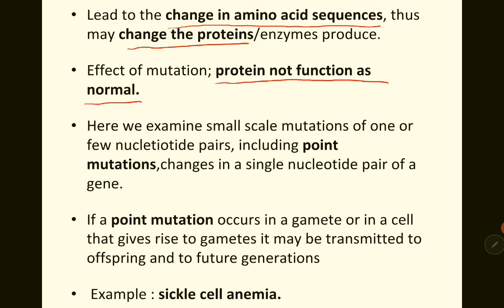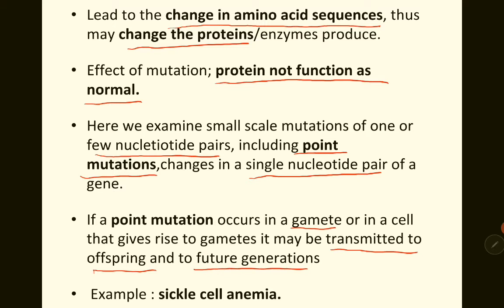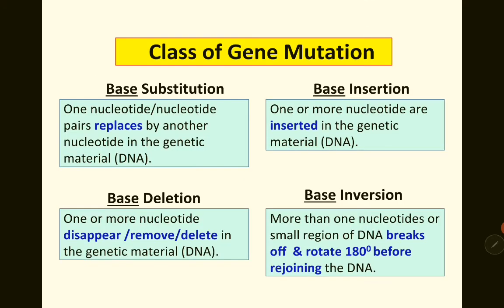It includes a few nucleotide pairs, so we call it a point mutation, where it changes a single nucleotide pair of a gene. If a point mutation occurs in a gamete or in the cell that gives rise to the gamete, it will be transmitted to the offspring and to future generations. An example of a disease caused by gene mutation is sickle-cell anemia.